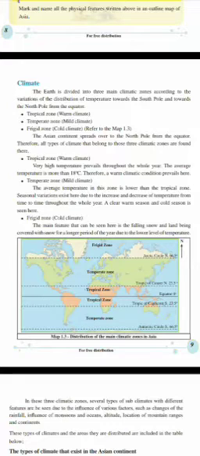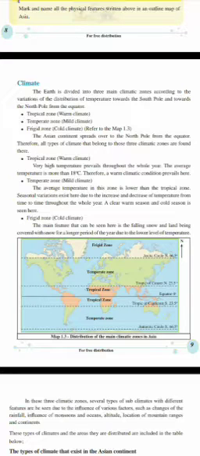From the equator to the Tropic of Cancer, and from the equator to the Tropic of Capricorn, the part that is stretched belongs to this zone.